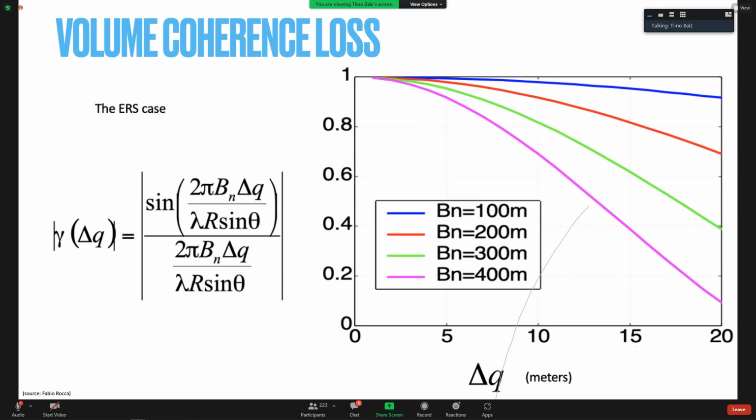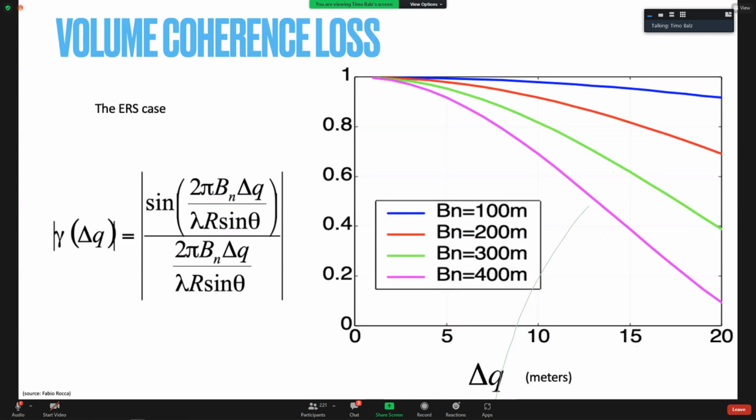Now, volume scattering, I used the example of the forest, right? When we have the forest, if we have a time difference between the acquisitions, we will also have a temporal decorrelation, which is typically much larger than the volume coherence loss. So in that case, we will lose coherence even faster.